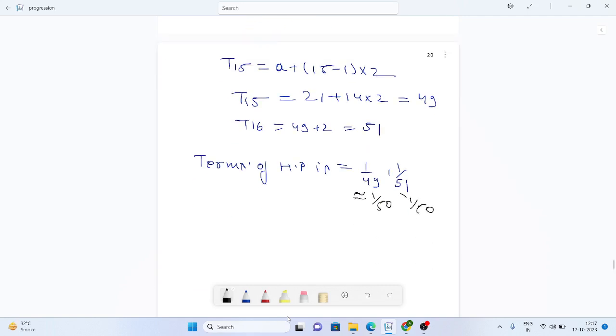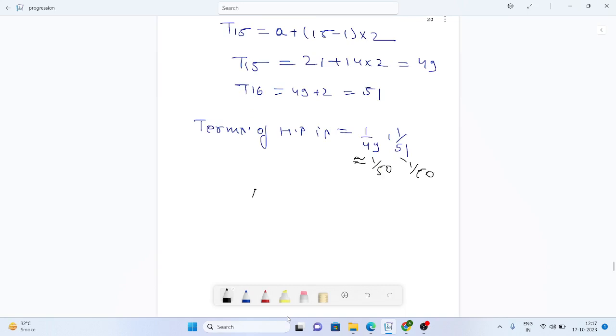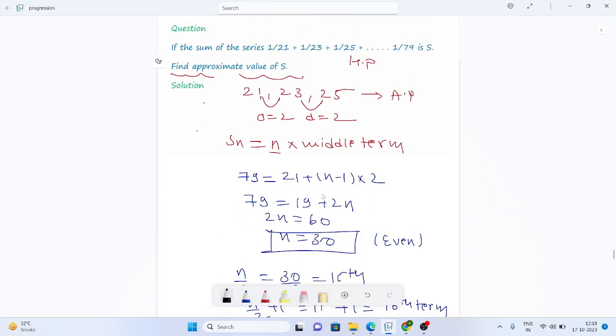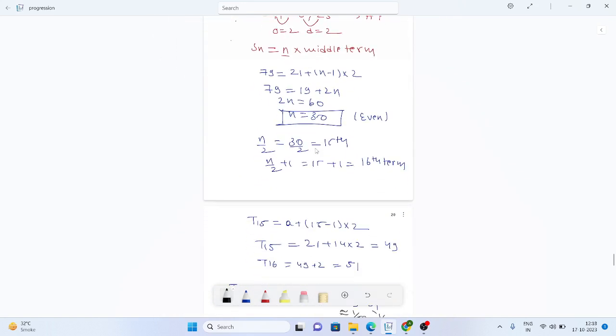So the middle term I got is 1 by 50, and the sum is n, which is 30, into 1 by 50, which gives approximately 3 by 5. So the approximate value of the sum of this HP sequence is 0.6. Note this down, then we move forward.